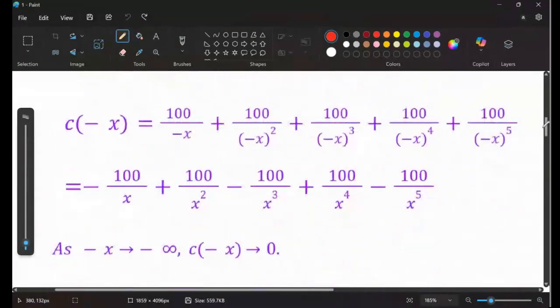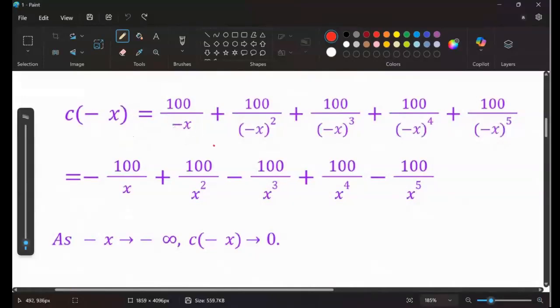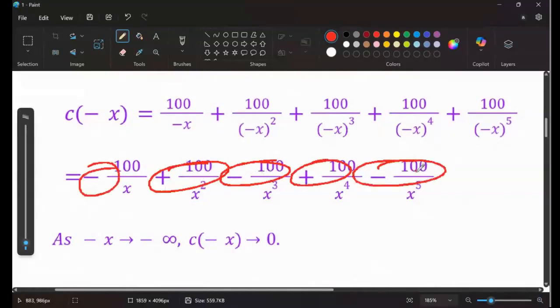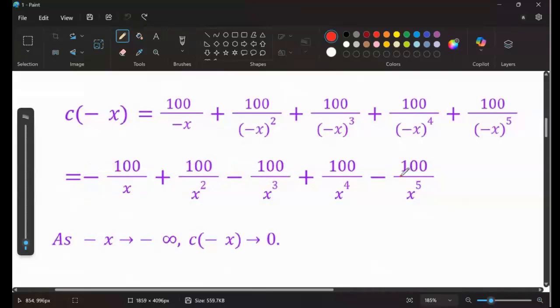Going the other way, just to be thorough, same thing's going to happen as x goes farther and farther to the left. So we enter in negative numbers. It creates some sign changes, in this case an alternating series, but that doesn't change anything because tiny positive numbers or tiny negative numbers are still tiny. They're still approaching 0. And so as negative x approaches negative infinity, c of negative x approaches 0.